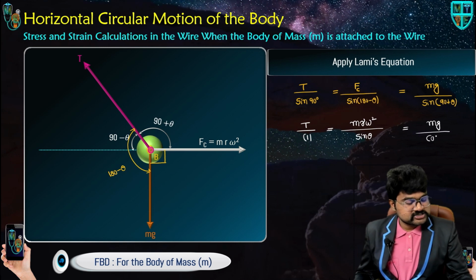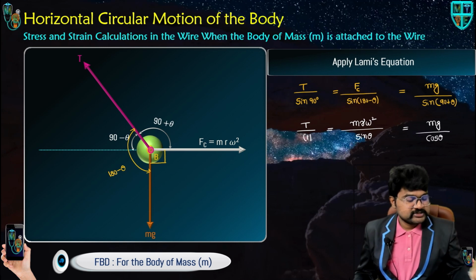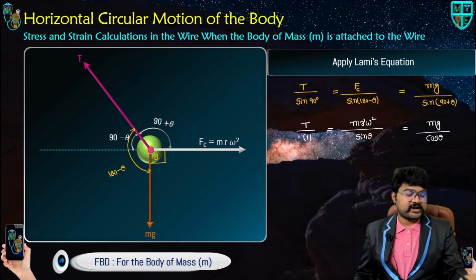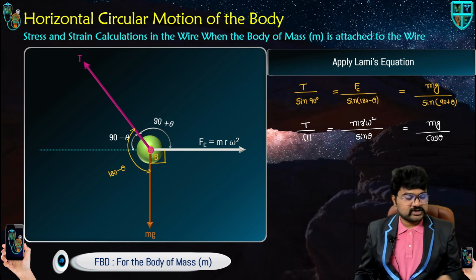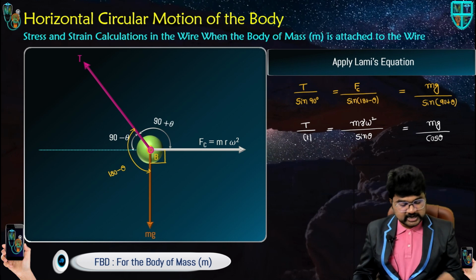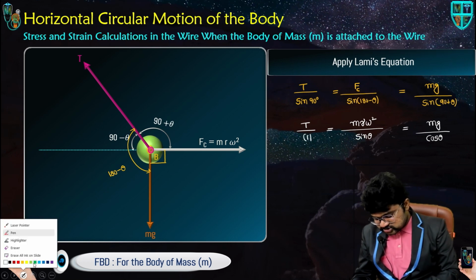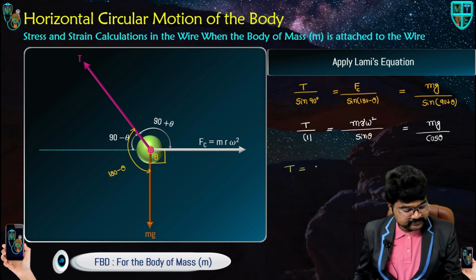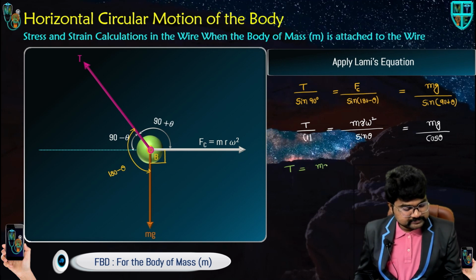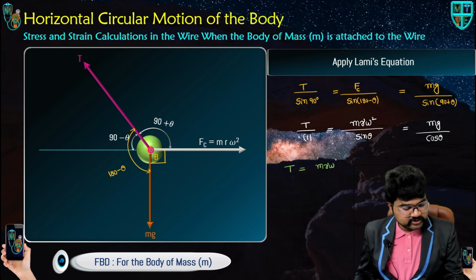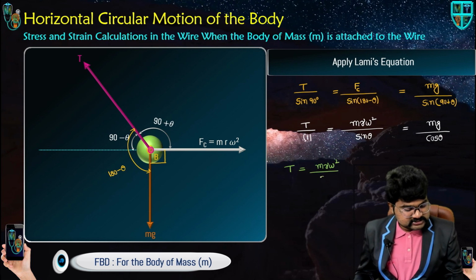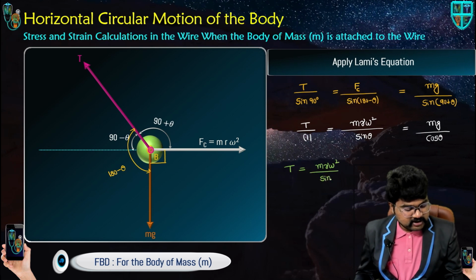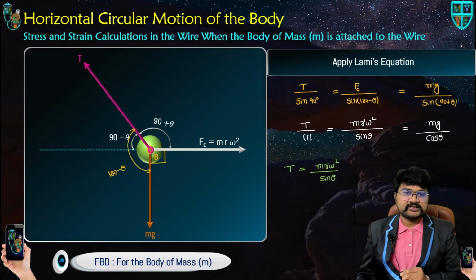Here it is how much? Cos theta. 90 plus theta, second quadrant, sine becomes cos, mg by cos theta. So you can equate these two. T equals what is obtained? m r omega square by sine theta.